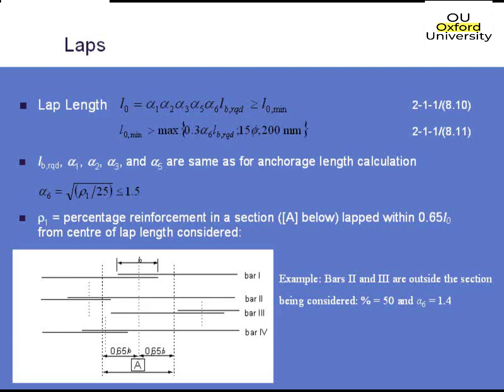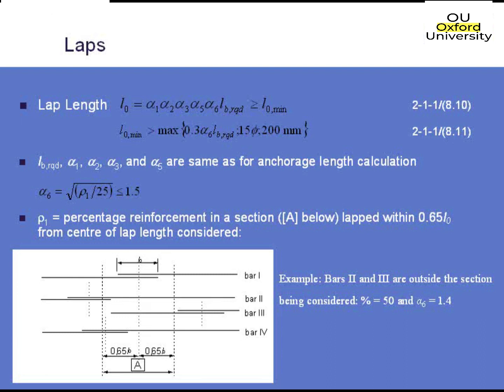You take your top bar here, and then at the center, extend 0.65 times L naught on either side of the center of that lap, and then look at the bars adjacent to it and see if those are staggered. So in this situation, the center line of that one is outside, the center line of that one is outside, but the center line of that one is inside. So 2 out of the 4 bars are staggered, and therefore it's 50%.